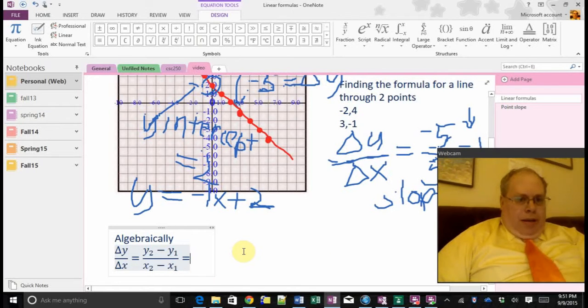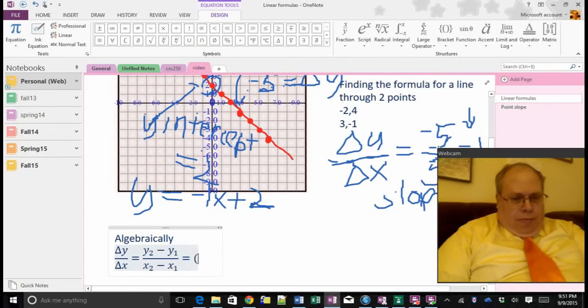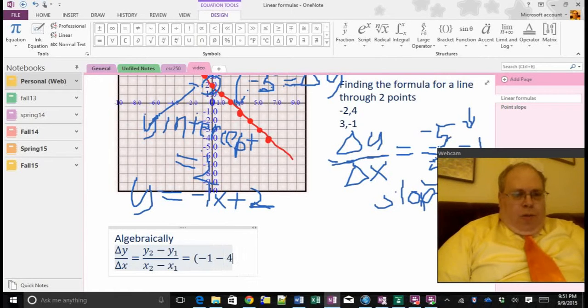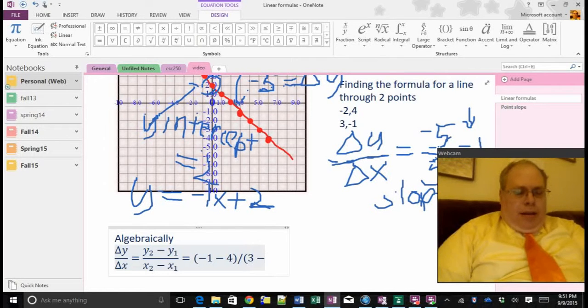So in this case, this is going to turn into -1, the second y, minus 4, the first y, divided by 3, the second x, minus -2, the first x.